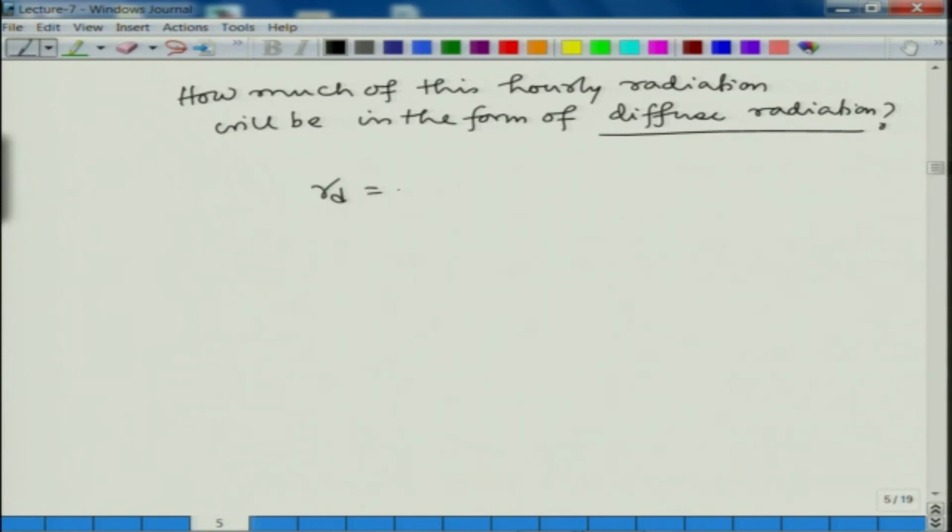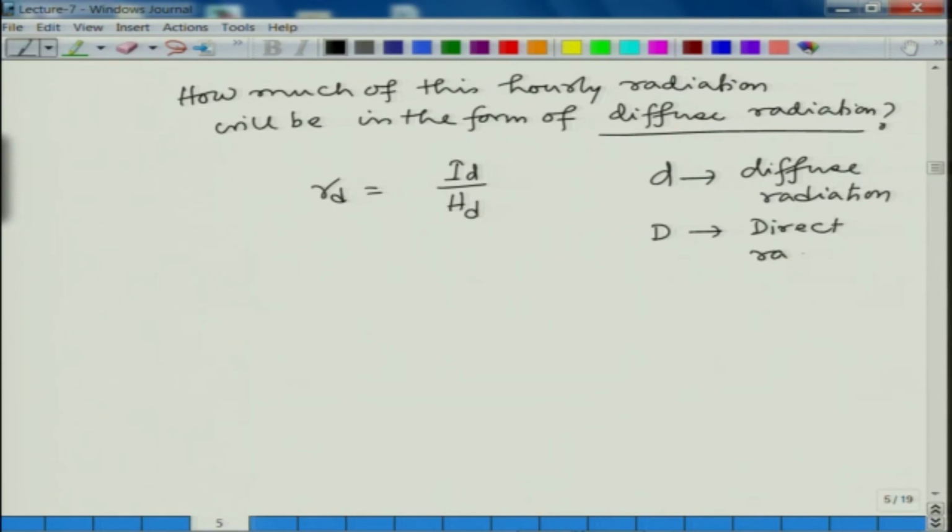So, in this case we call it RD. Okay. Again I am saying that small d stands for diffuse radiation, and whenever you see capital D, that stands for direct radiation. Okay.